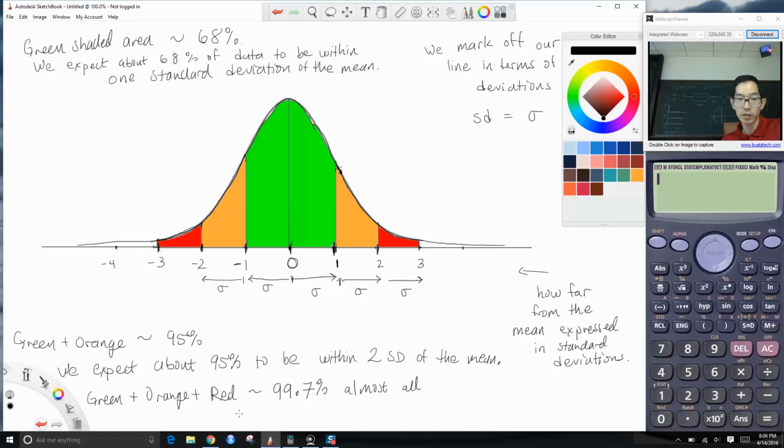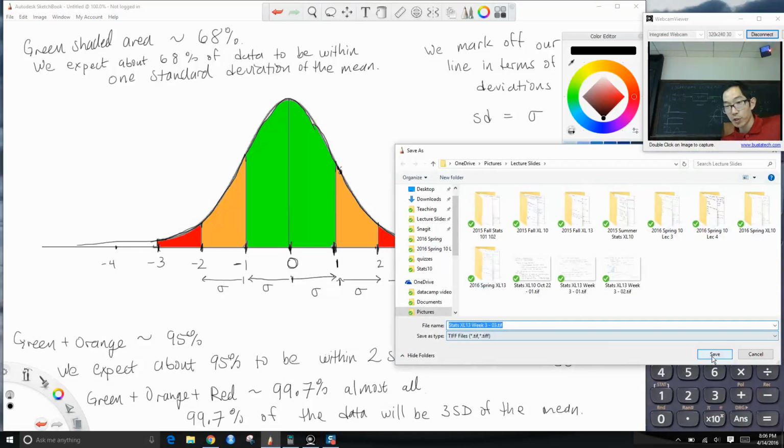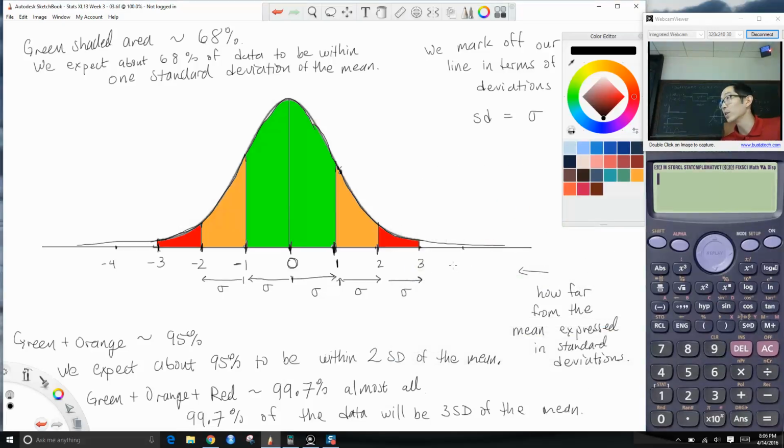About 99.7% of the data will be within 3 standard deviations of the mean. But that also means just a small portion is still beyond 3 standard deviations from the mean. This is the theoretical shape of the normal distribution.